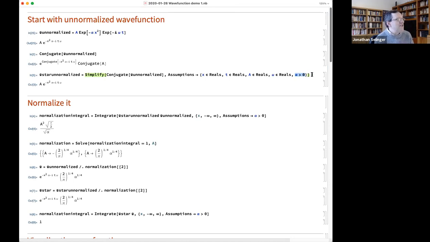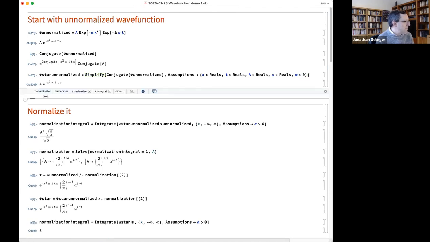I tell Mathematica to make all these assumptions, and then it can simplify the result the way I want, which is just like what I started with, except that the minus i is changed into a plus i times omega t.